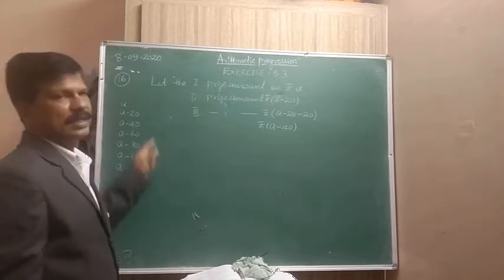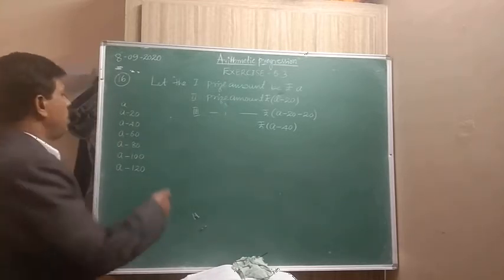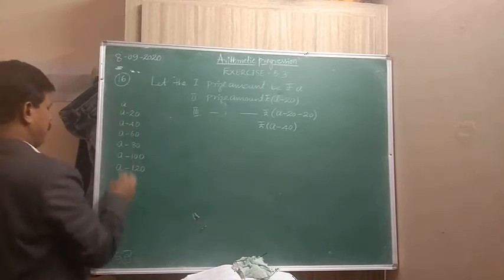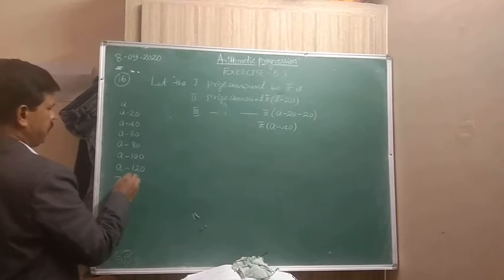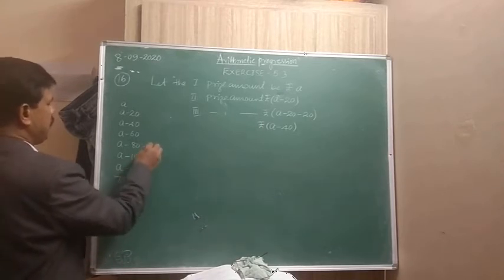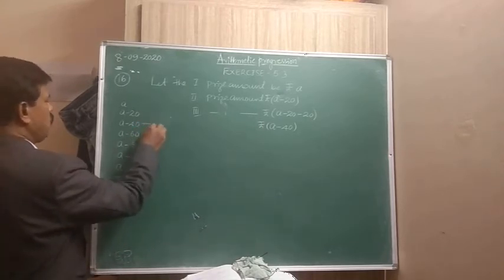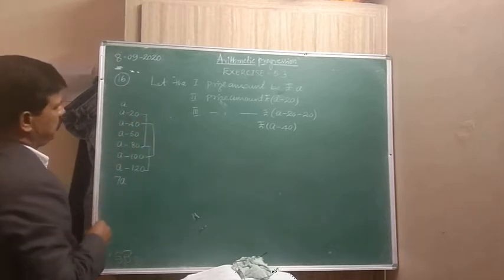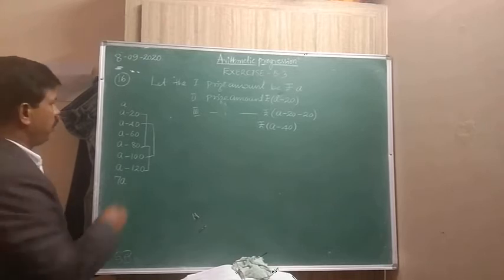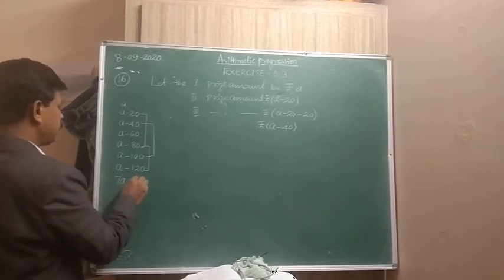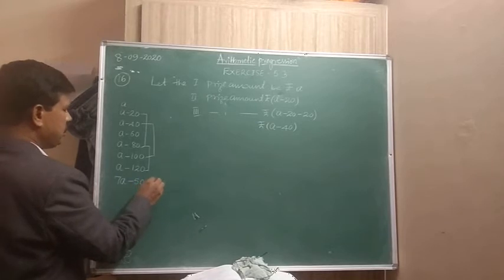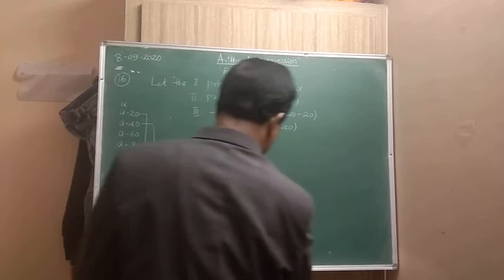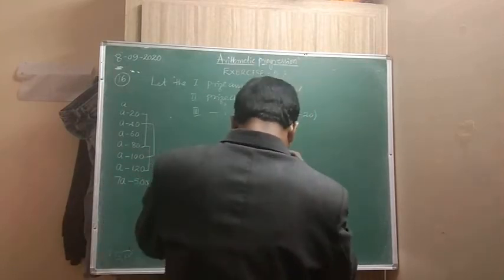Don't write like this. Clear? So adding all these things, 1, 2, 3, 4, 5, 6, 7: 7A. 120 plus 80, 200, plus 200, 400, plus 100, 500. So 7A minus 500. This should be equal to the total amount of prizes. How much is that? Total amount of prizes is 700.